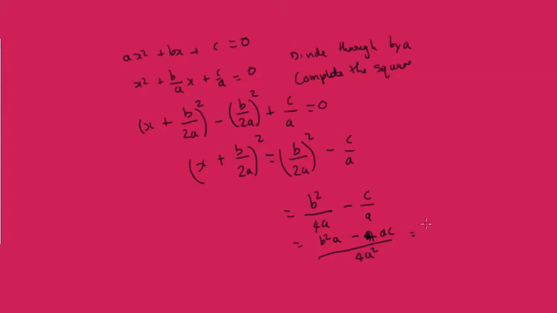And if we tidy that up some more, we can cancel out the a's, so we're going to have the square root of b squared minus 4ac over 2a, that's going to be squared.